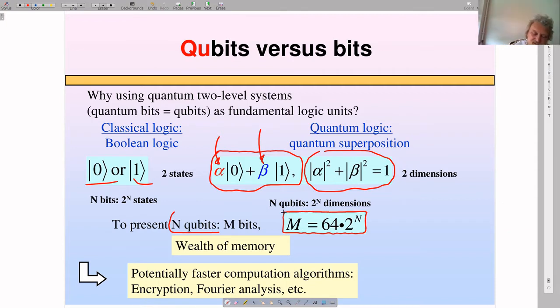We see here 2 to the power n, which means that if you look at it formally, qubits are very powerful memory units. It's a wealth of memory which one could, in principle, put into qubits.